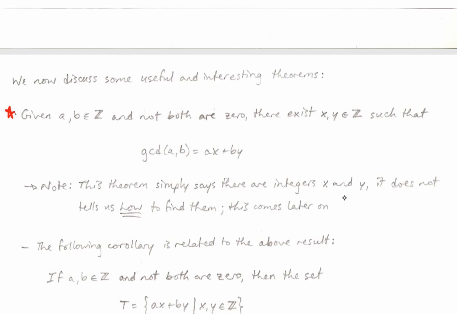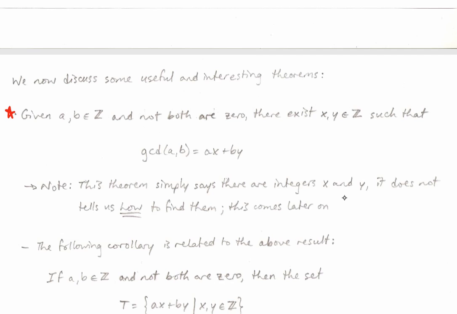Again, given two integers, a and b, not both of them being 0, there exist integers x and y such that ax plus by is equal to the GCD of a and b. What this is saying is that you have two integers, a and b. You can write the GCD of those two numbers as a linear combination of the two numbers themselves.